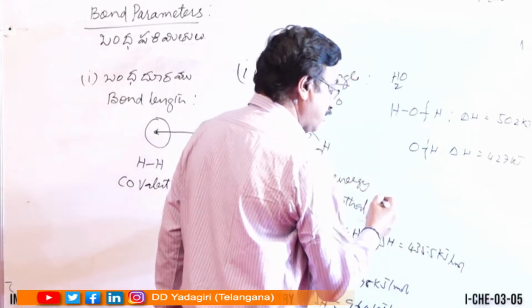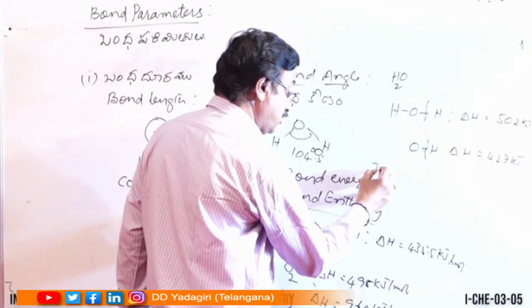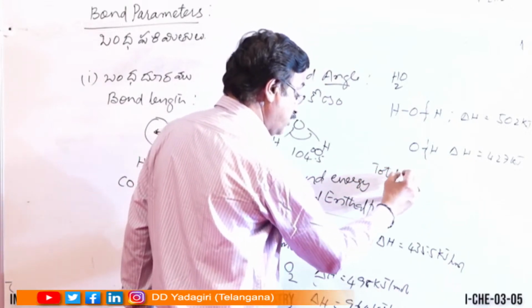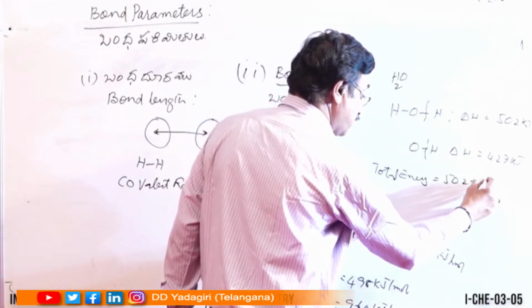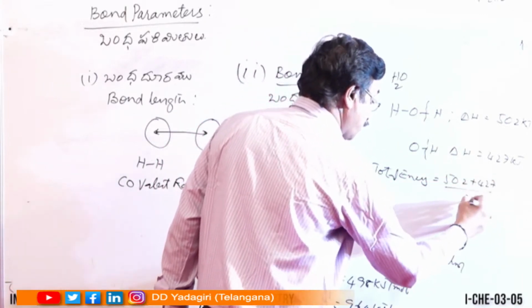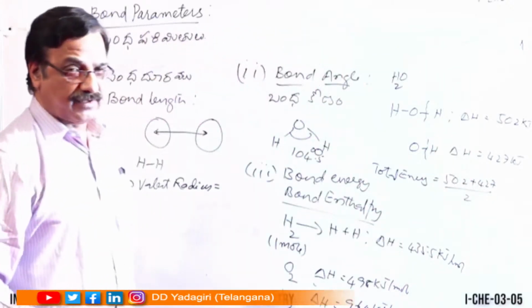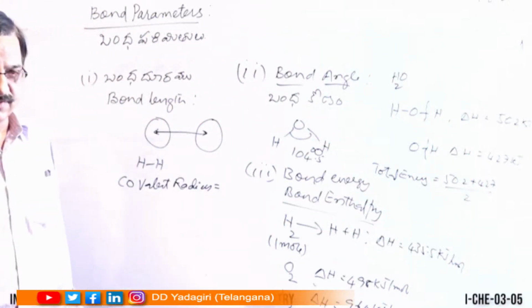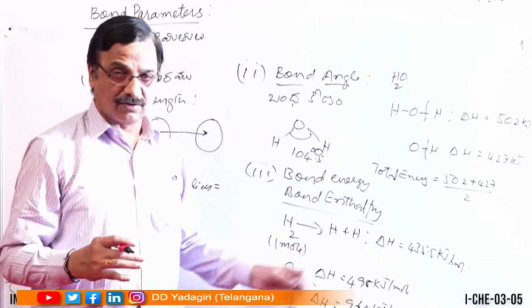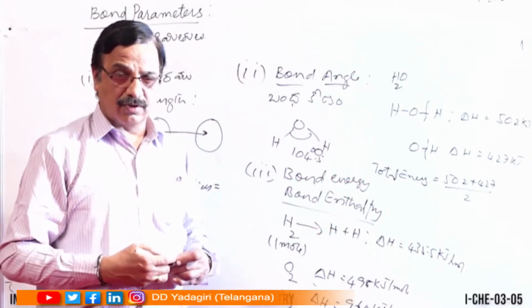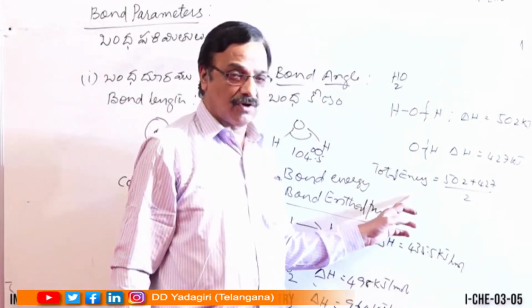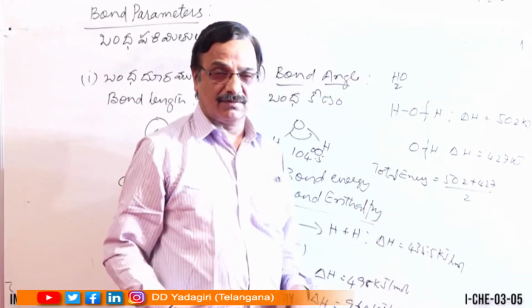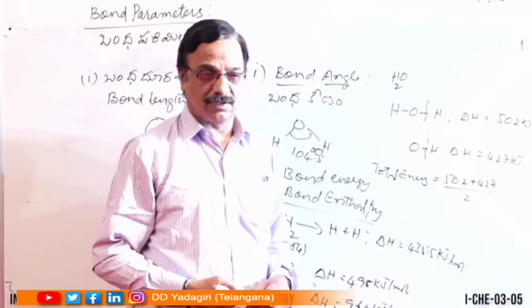So the total energy required is 502 plus 427 by 2. So always we take the average bond energy for the polyatomic molecule, right? బహుబంధ మాలిక్యూల్ ఉన్నప్పుడు మనము యావరేజ్ బాండ్ ఎనర్జీ, యావరేజ్ బంధ ఎంథాల్పీని మనం తీసుకుంటాము, రైట్?